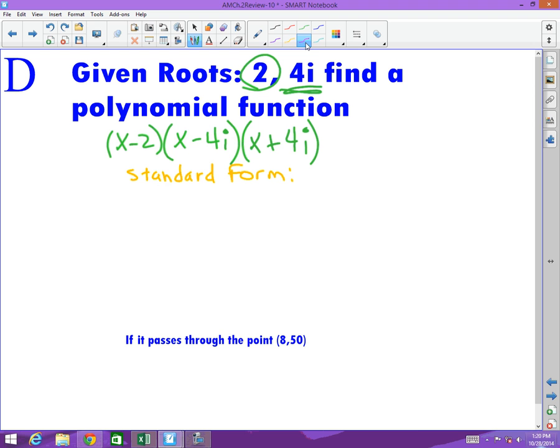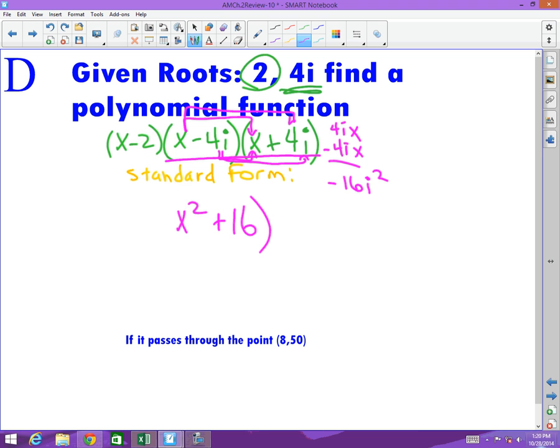then you would have to multiply it all out, and it would be best to multiply those two things together first because then you can get rid of the imaginary part. So x times x is x squared. There is a 4ix, there is a negative 4ix, and those two things make 0. And then you have a negative 16i squared, which turns into plus 16.